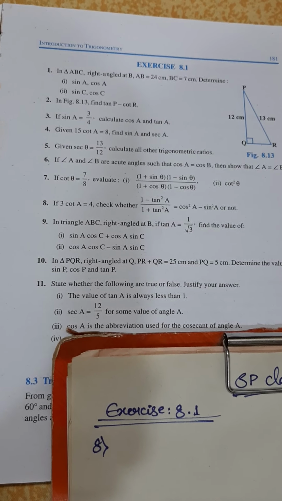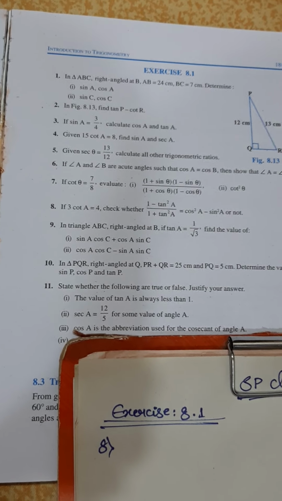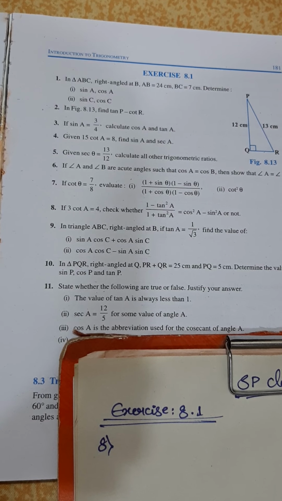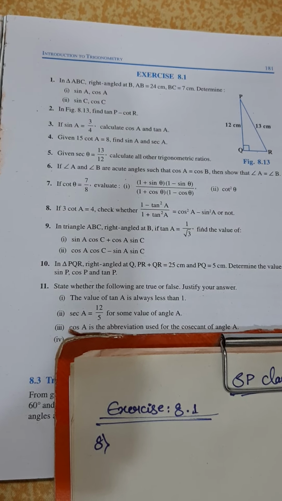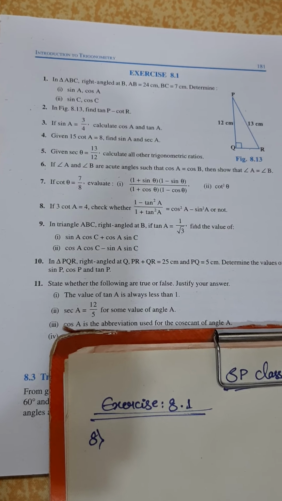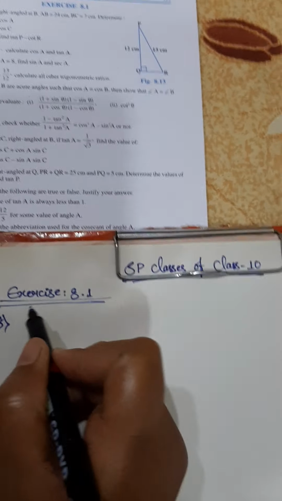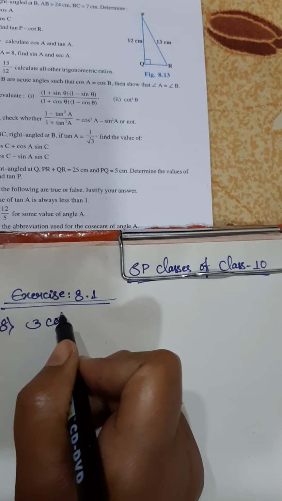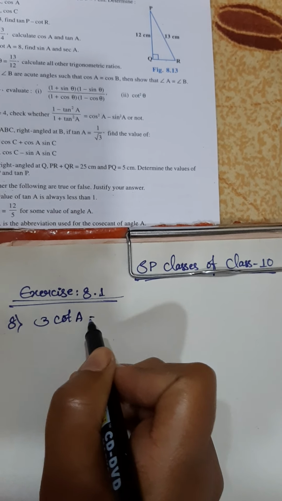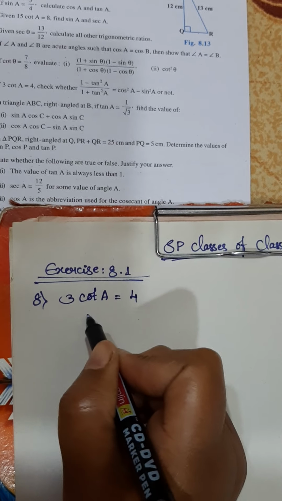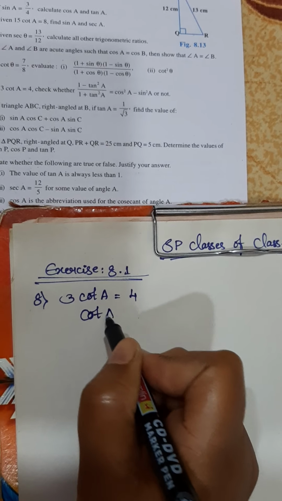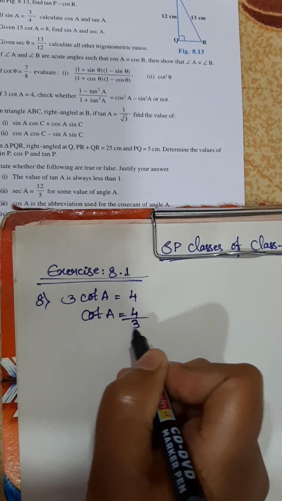So today let's see the 8th question. If 3 cot A is equal to 4, check whether (1 minus tan square A) divided by (1 plus tan square A) is equal to cos square A minus sin square A or not. What they have given is 3 cot A is equal to 4. From this, cot A is equal to 4 by 3.